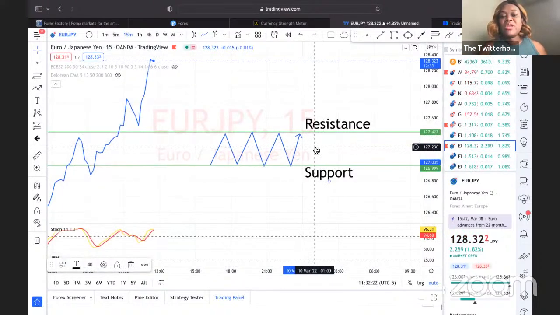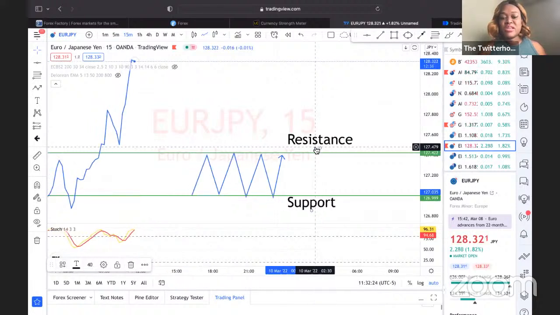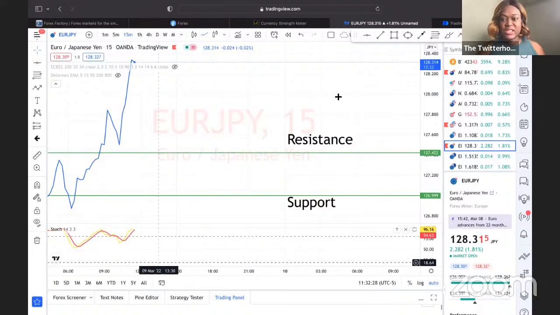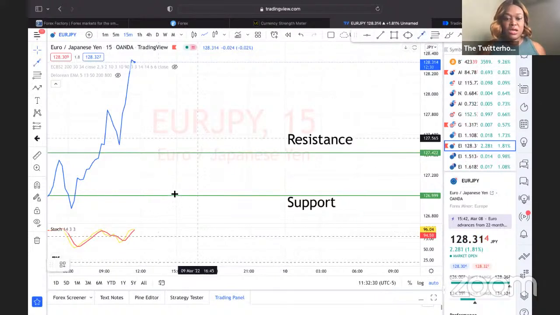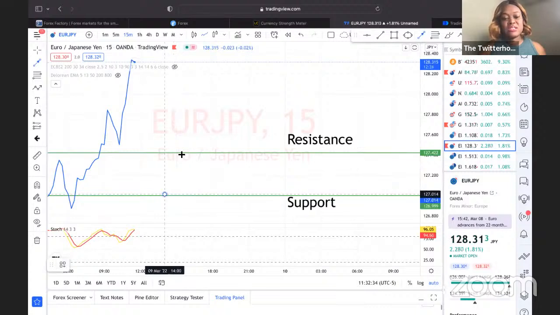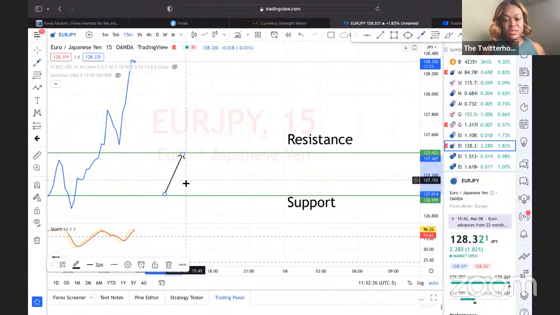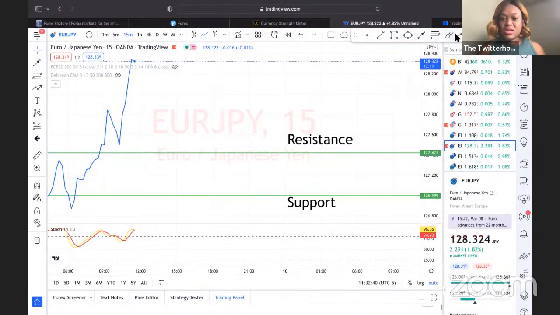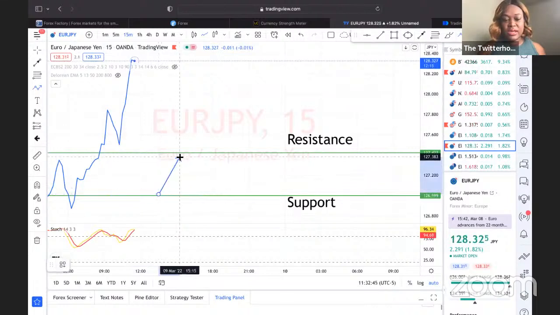So when we have a consolidating market, what you want to do is wait for price to break out. You just want to wait for price to break out, right?